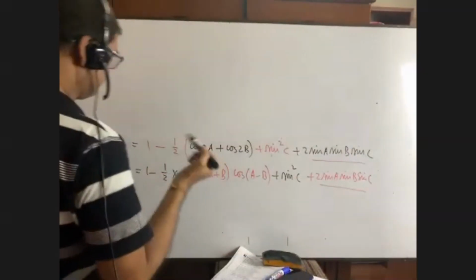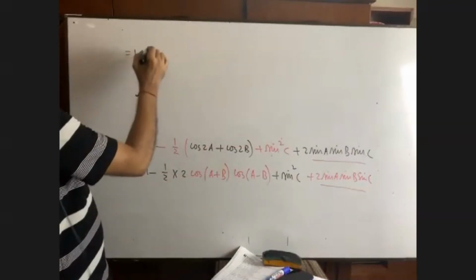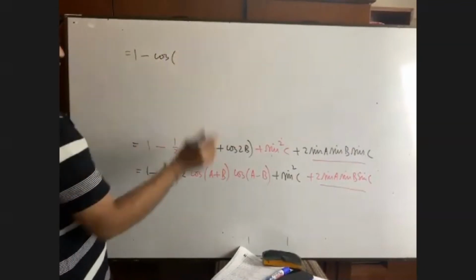Okay, now this is 1, 2 will be omitted. So it is minus cosine, what is the value here?